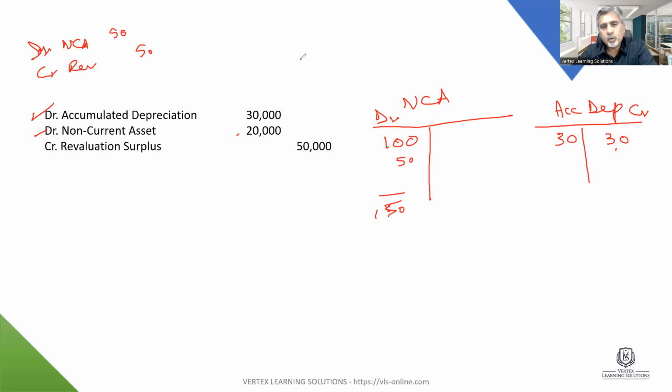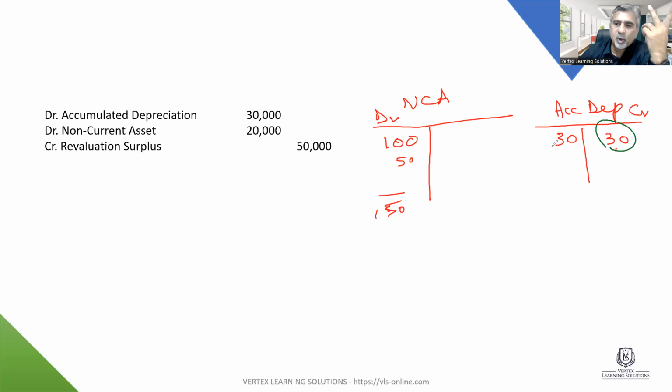So remember the rule, whenever you do revaluation. Now I'm putting it in simple words; I gave a long explanation, but I can sum it up. Whenever you do revaluation, the first thing you need to do is reverse all of the accumulated depreciation by making it a debit.